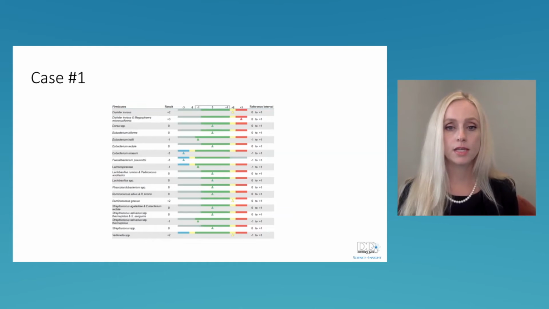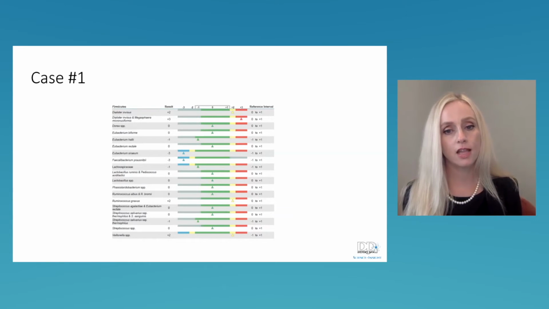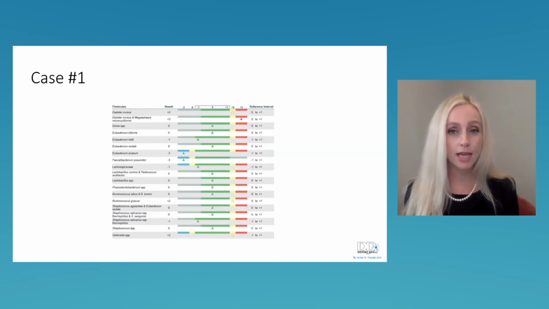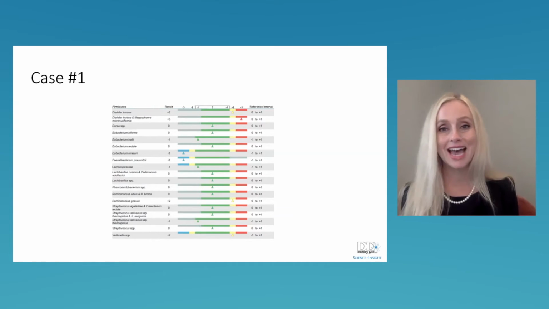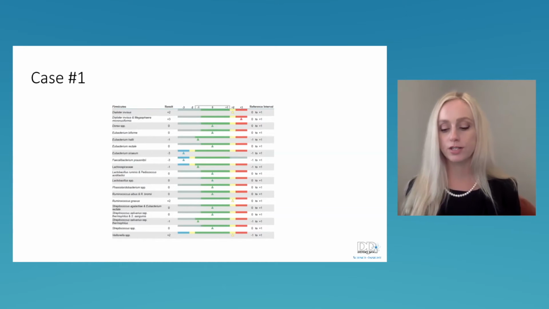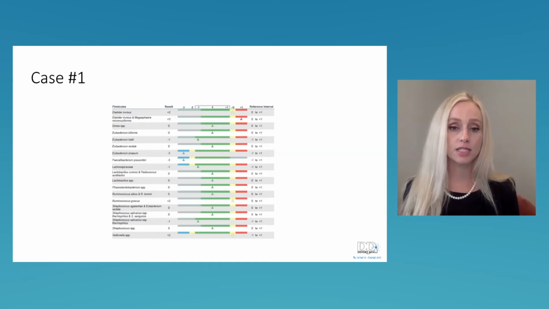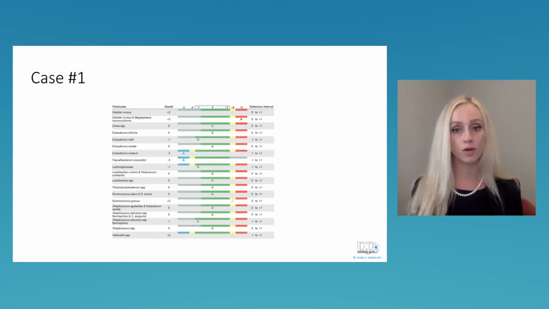And then we see the rest of the bacteria in the middle look pretty good. Lactobacillus looks good. We see actually a slightly elevated Ruminococcus navis. In that case, we're going to talk about mucosal barrier integrity. Of note here, GI360 is not a direct test for mucosal barrier integrity, but we can actually get excellent clues here based on specific bacteria that strongly contribute to mucosal barrier integrity, because that is the predisposing factor to intestinal permeability.